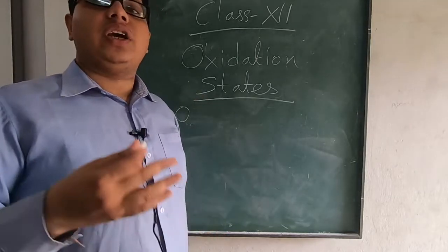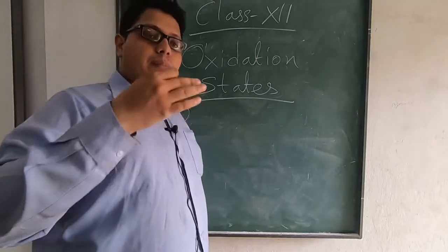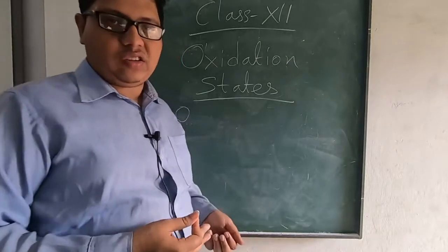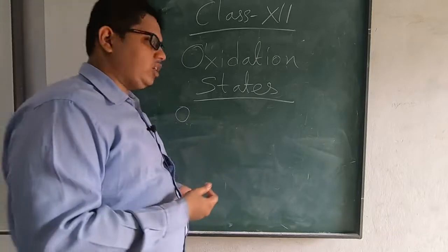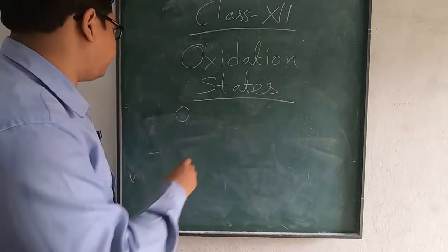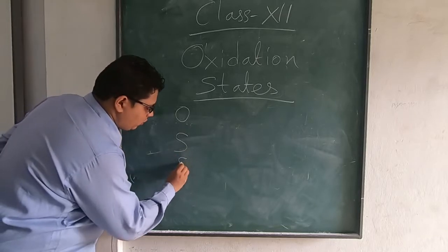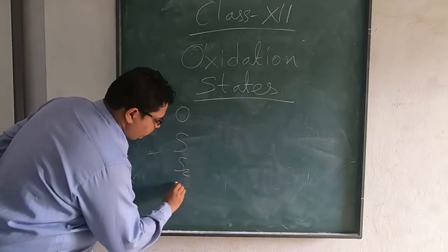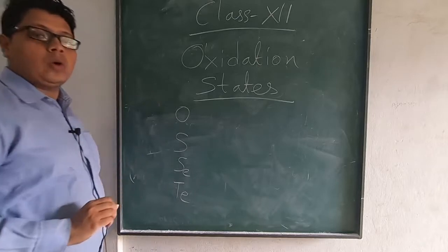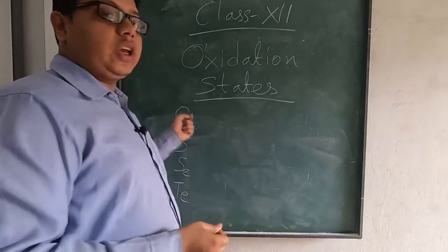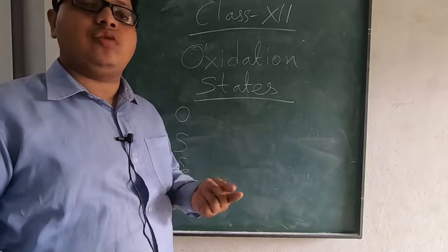Other members can show far larger oxidation states. So sulfur, selenium, or tellurium can show greater oxidation states. Oxygen can show only an oxidation state of -2.